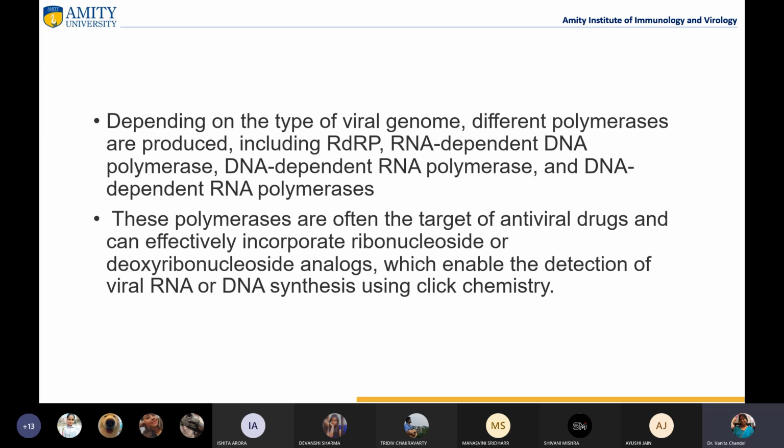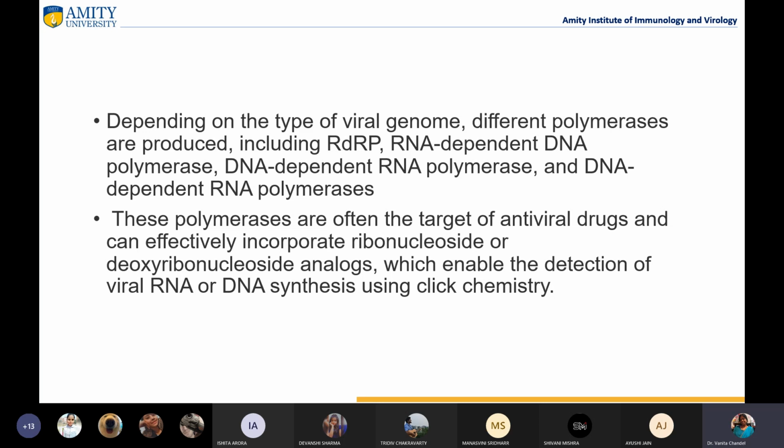Depending on what kind of viral genome is there, whether RNA or DNA, different kinds of polymerases are produced. It could be RNA-dependent RNA polymerase, RNA-dependent DNA polymerase, or DNA-dependent RNA polymerase, depending on the genome. So what is the use here?